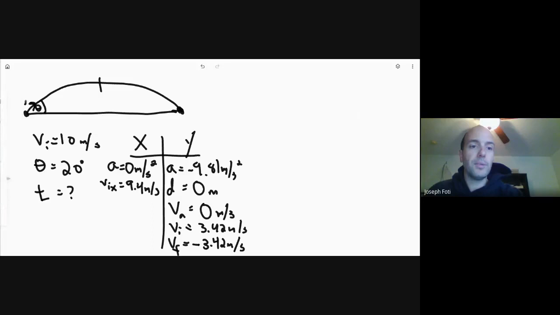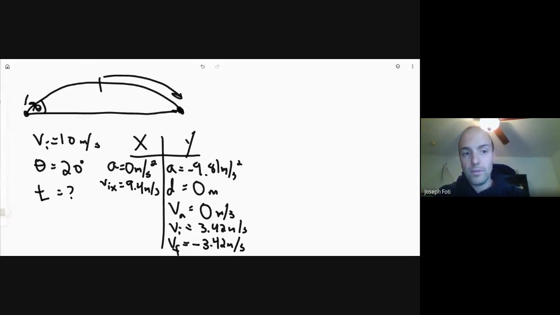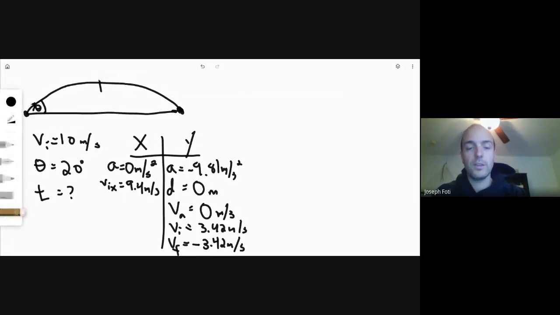Because it took the same amount of time to get from here to here as it did from here to here. And if it took the same amount of time to slow down as it did to then speed up, since acceleration is constant, that means the final speed will be the same as the initial speed. Great. So let's find our time.